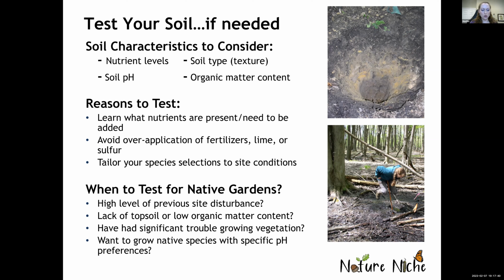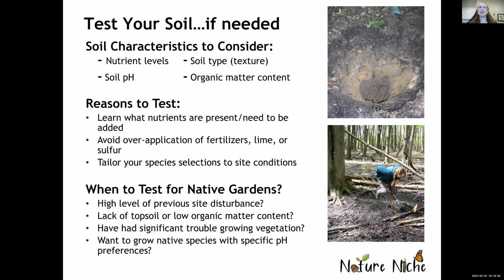That's really why you test: to make sure you're not extra deficient in certain nutrients, and that if you're applying fertilizer, you don't over apply, or lime or sulfur if you're trying to get to a certain pH. I honestly don't recommend doing that. Just pick species that are well adapted to your site conditions. It also helps you tailor species selections.